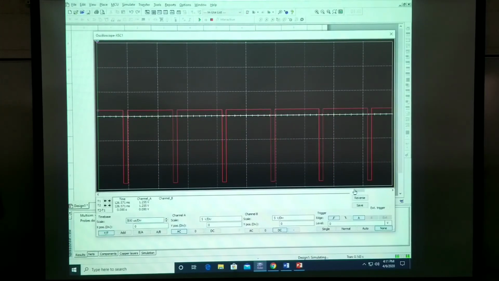Alright, so to find our frequency measurement, this time we're going to use these flags here. So from where it goes up through its full wave to where it goes up again, we have 834 microseconds.